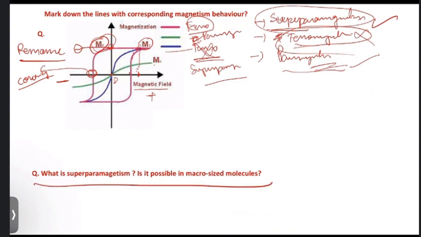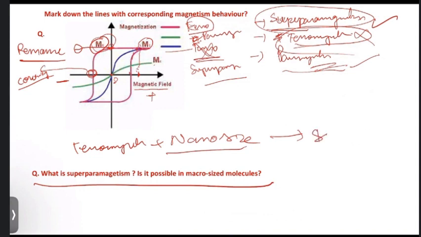Now the last question: what is superparamagnetism? Superparamagnetism is the phenomenon in which, when a ferromagnetic material is brought down to nano size, it no longer acts as a ferromagnetic material; rather it acts as a paramagnetic material, but with a very high value.